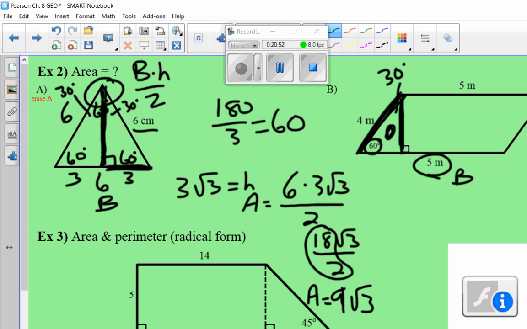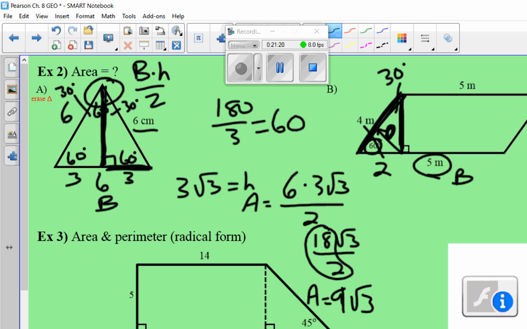So that 4 should be the hypotenuse of that right triangle, okay? So I'm going to have to go from here and get this little piece right there. Remember, the hypotenuse is double the short leg, so I divide it by 2, and I get 2, okay?